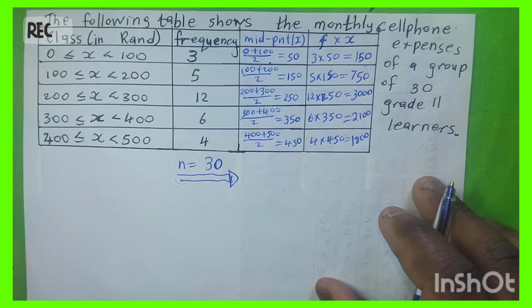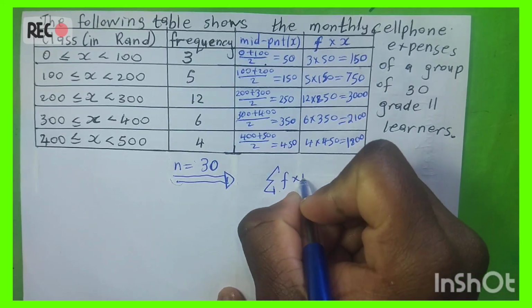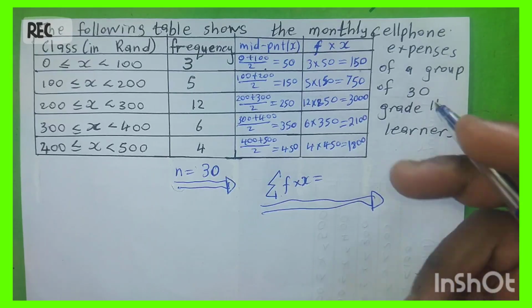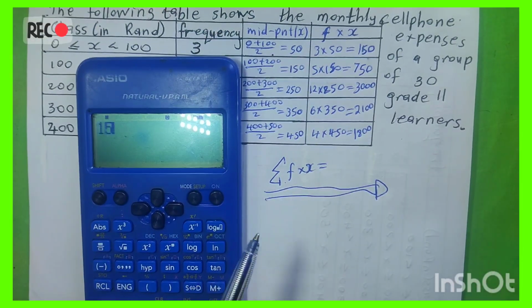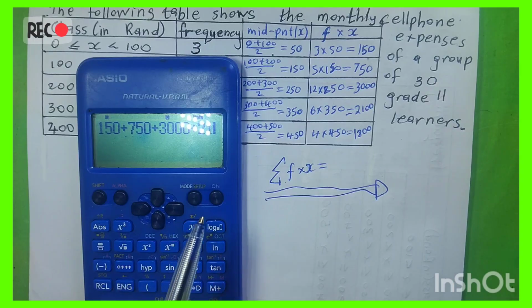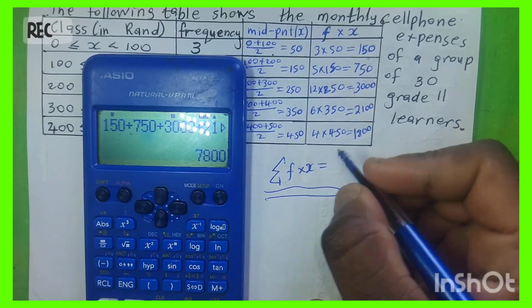Now I can get the sum of frequency multiplied by midpoint. It's straightforward: you just add all of those values. So let's add all of these values, this plus 3000 plus 2100 plus 1800. This is what I get.